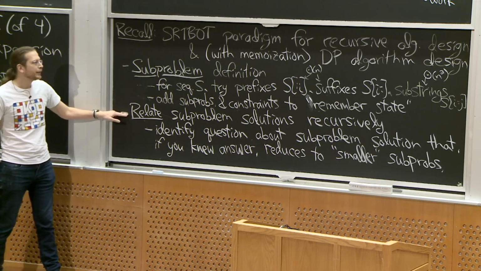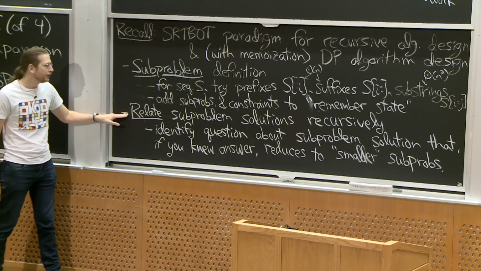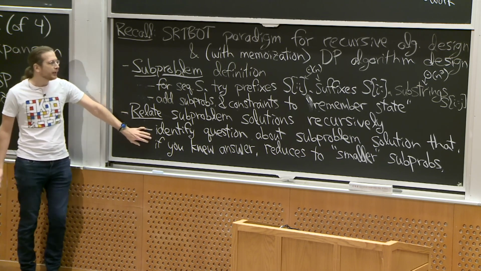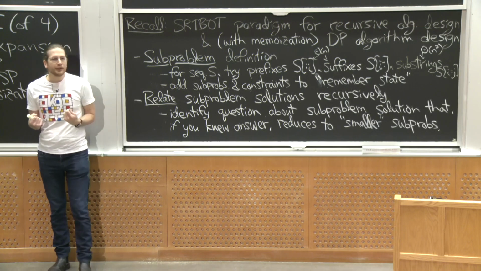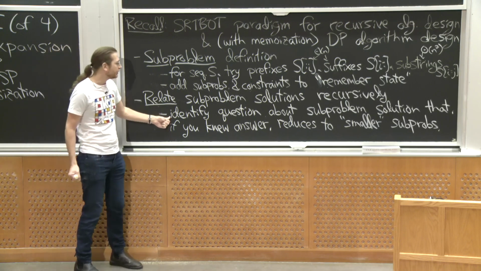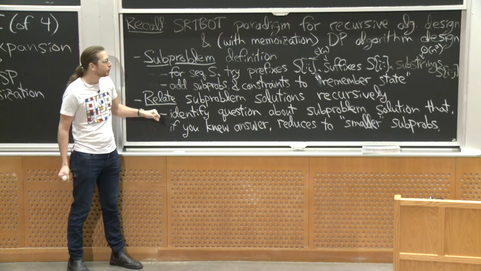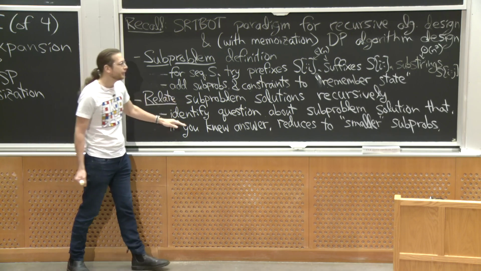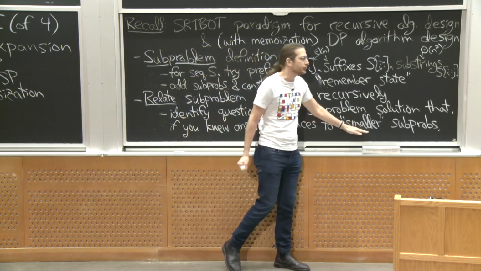Then we need to relate these subproblems with a recurrence relation, which we usually just call a relation. And the key idea here is to come up with a question that, if you knew the answer to that question, you could reduce the subproblem you're trying to solve to smaller subproblem solutions.